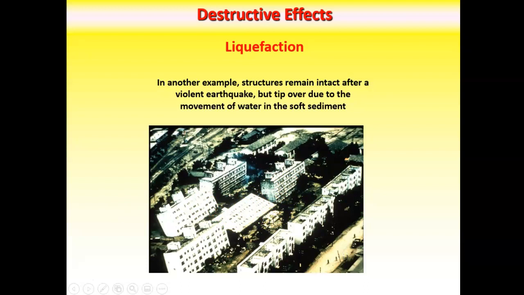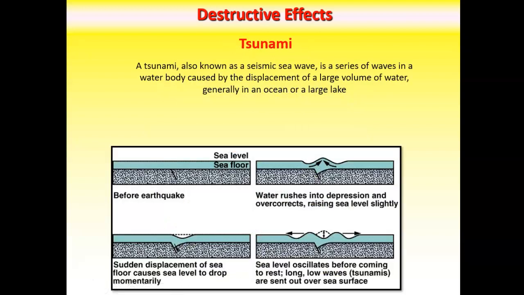Another effect we want to talk about, and we're going to talk in the next module specifically about tsunamis, but we know that under certain conditions we can get a tsunami that is generated. Typically, tsunamis are generated because there is an earthquake that occurs under the ocean floor, under the sea floor, and there's some type of displacement.